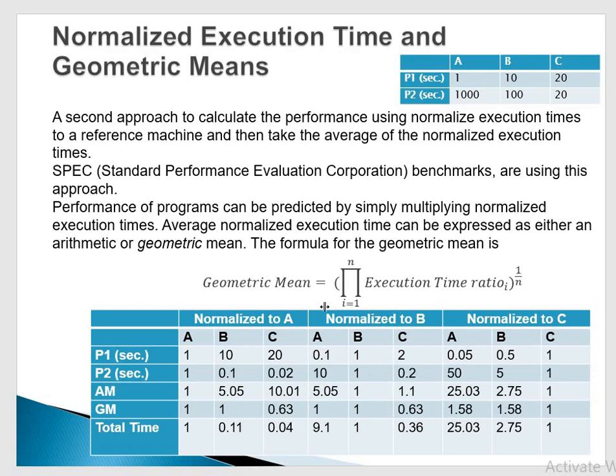So the performance of the programs can be predicted by simply multiplying the normalized execution time. Before we calculate it, we must know what the normalized execution time is. The normalized execution time is the time in which the execution time of an unknown computer is normalized, or divided, by the execution time of a known computer.